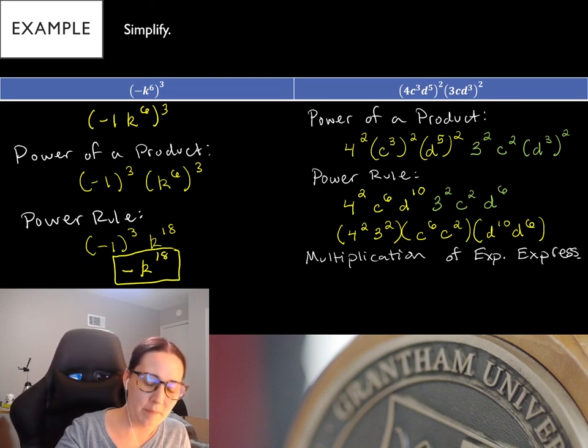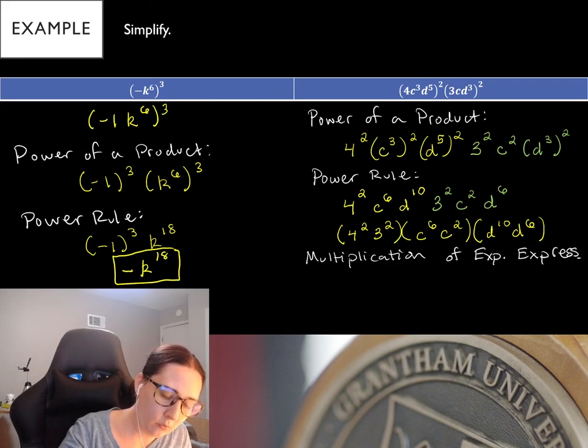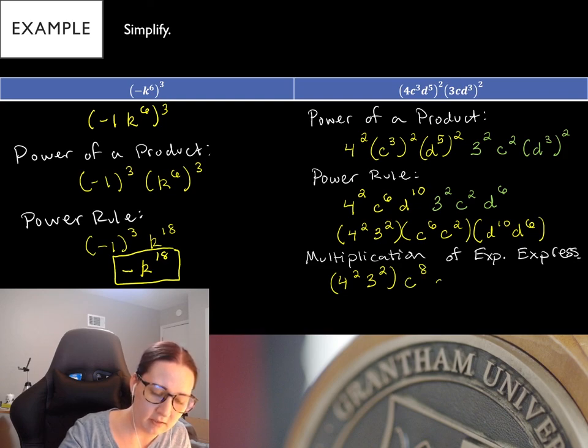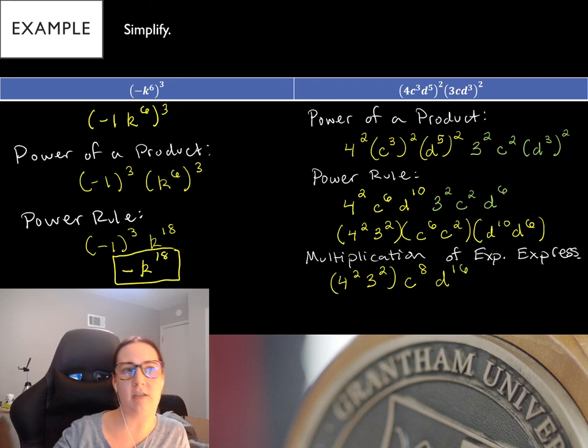So basically the c's and the d's, when you multiply things like that, you add the exponents. So I'm going to just leave my 4 squared, 3 squared the same here. Then 6 plus 2 is 8, so I'm going to get c to the 8, and then 10 plus 6 is 16, so that's going to be d to the 16.